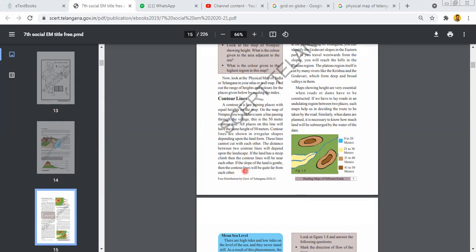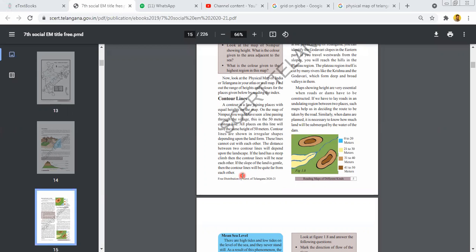If the slope is gentle, which means we can walk without falling down, that is called a gentle slope. If there is a gentle slope, the contour lines will be quite far from each other. So you can understand by observing the contour lines drawn on the map. If the contour lines are near to each other, there is a steep slope.